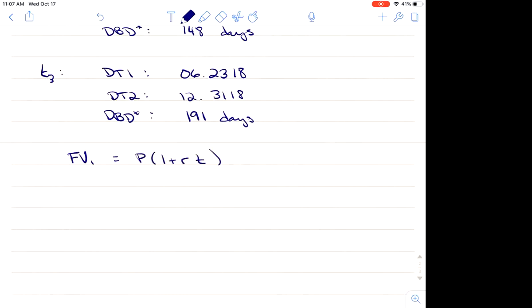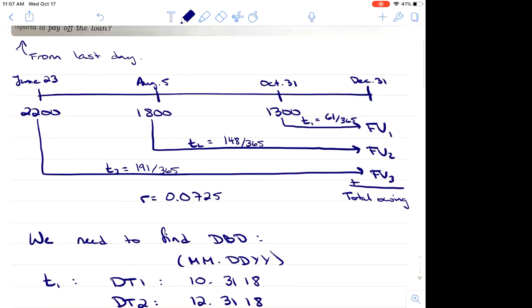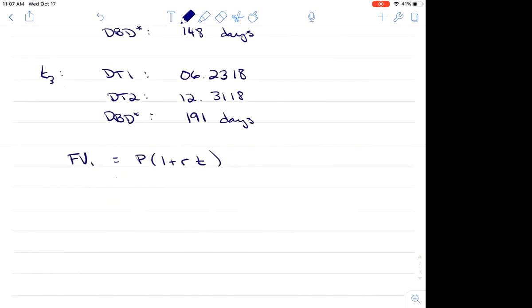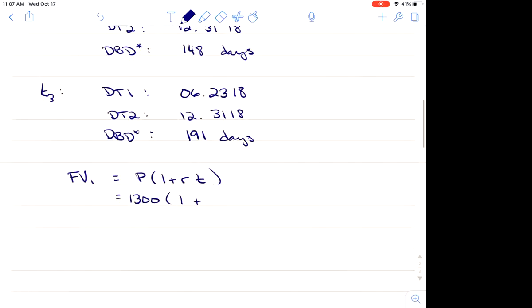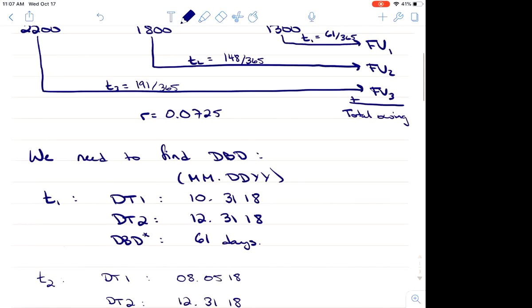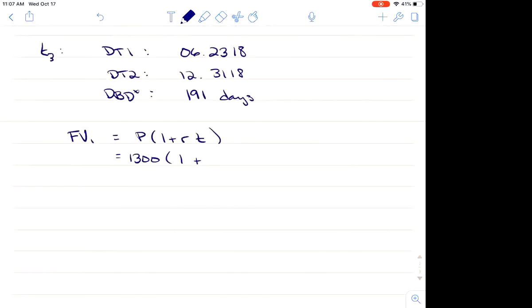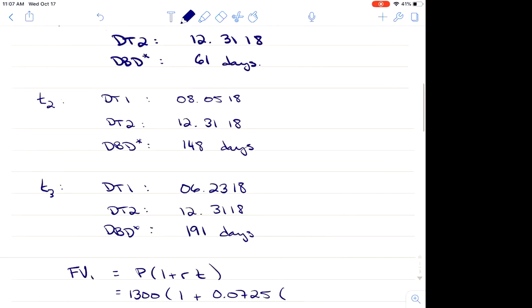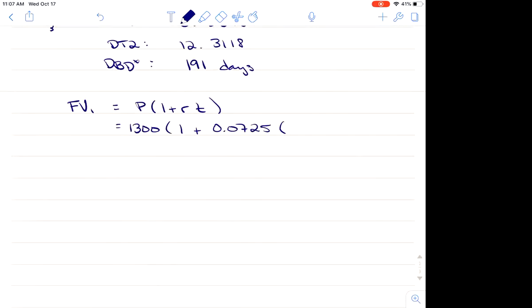The principal amount for future value 1 is 1,300 times 1 plus the rate for all of these, right? What's nice is the rate is the same for all of them. That's not necessarily the case always, right? Is 0.0725 times the time, which we said was 61 out of 365.